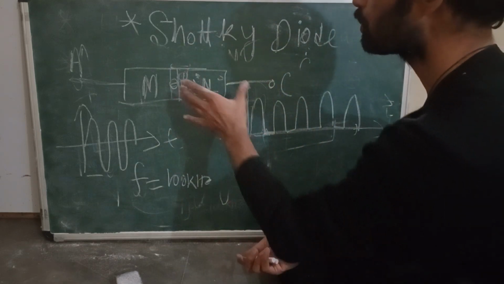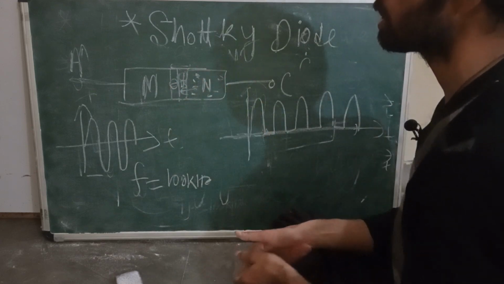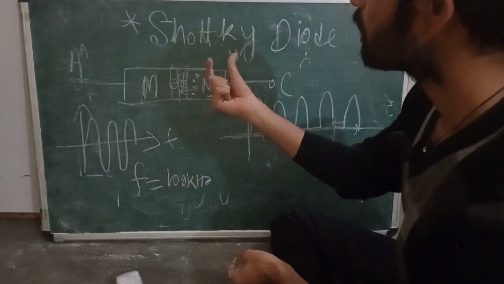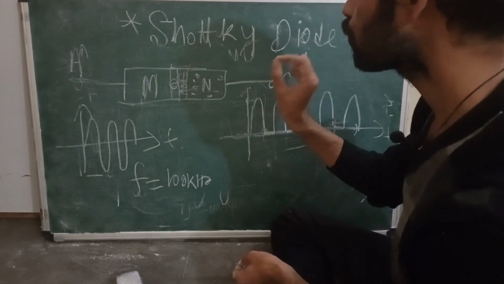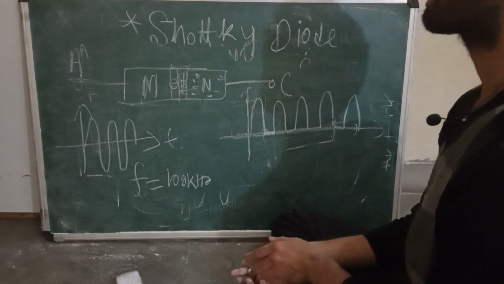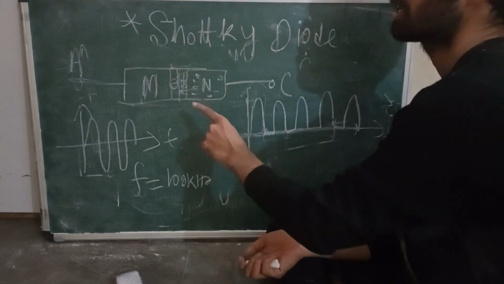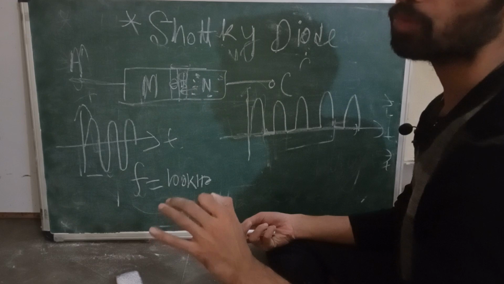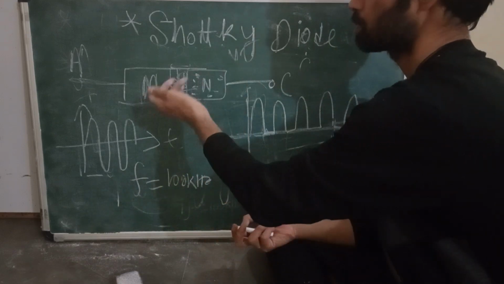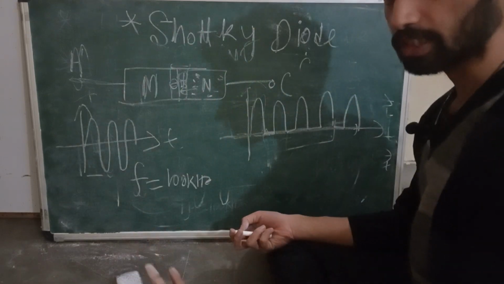Now we are able to see there is no minority charge carrier at all in the Schottky barrier diode, due to which the reverse recovery time of this diode is very small, and the speed of this device is very high.